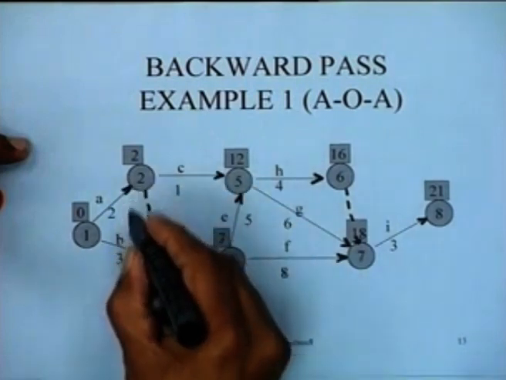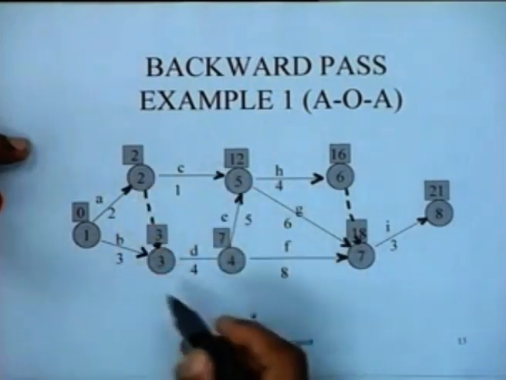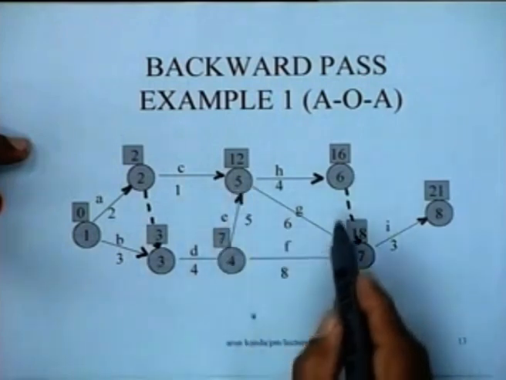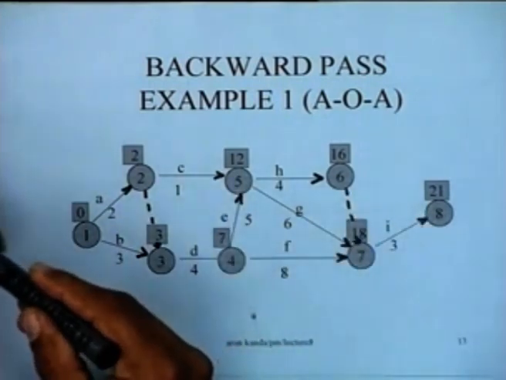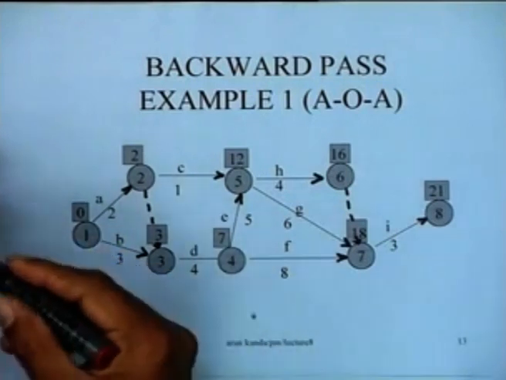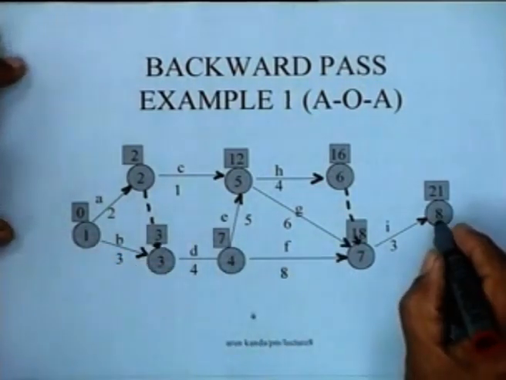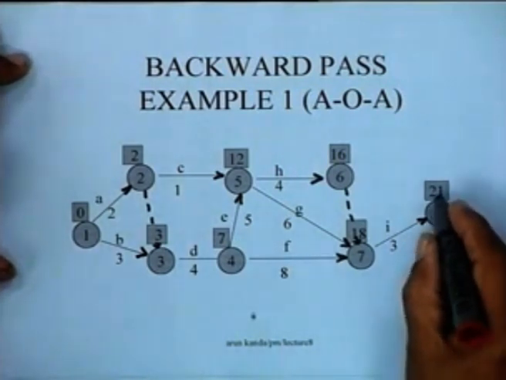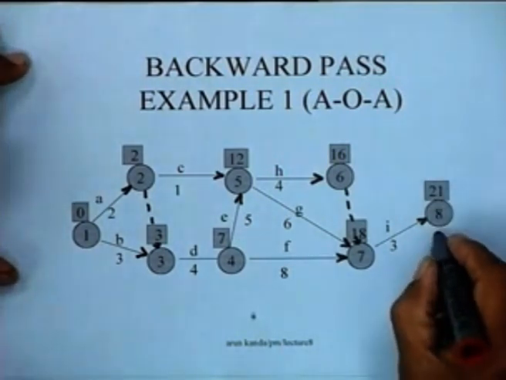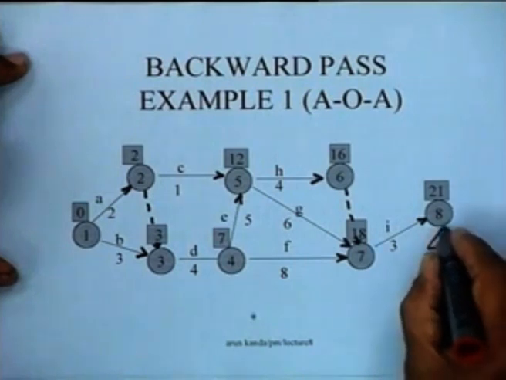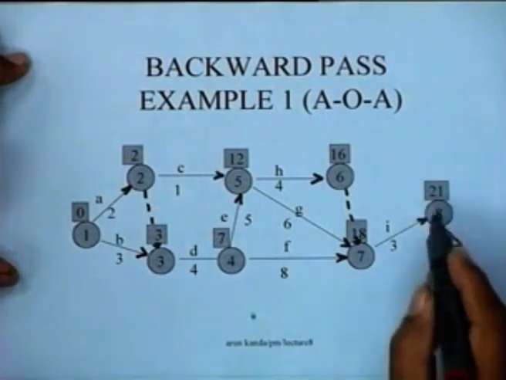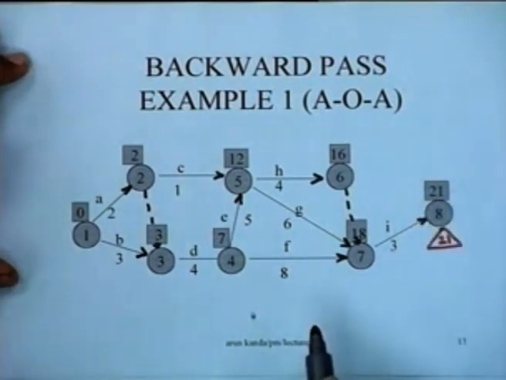After having done the forward pass, for which the results are shown in the boxes on top of each of the nodes, we would like to do a backward pass. When you do a backward pass, you start from the terminal node, and the initialization step specifies that since the project duration is 21, we would initialize the value of the latest occurrence of this node to equal 21, and I put it in a triangle just to distinguish it from the early occurrence times.